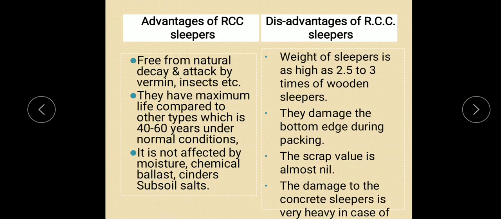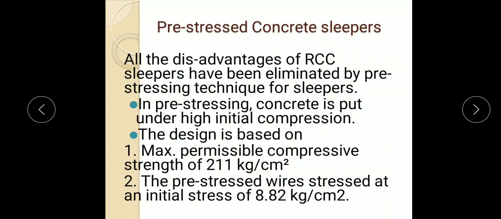The scrap value is almost nil for the RCC sleepers and the damage to the concrete sleeper is very heavy in case of derailment. So these are the advantages and disadvantages of RCC sleepers.